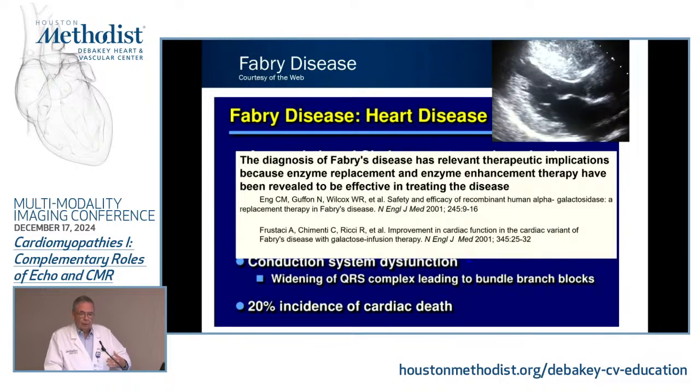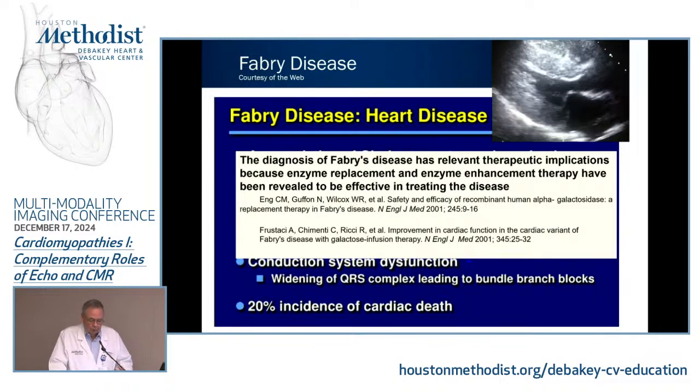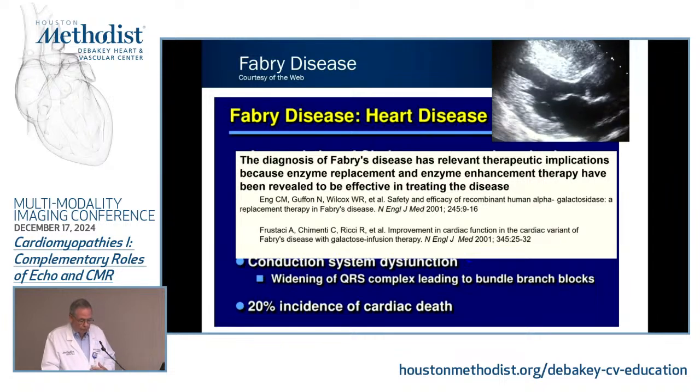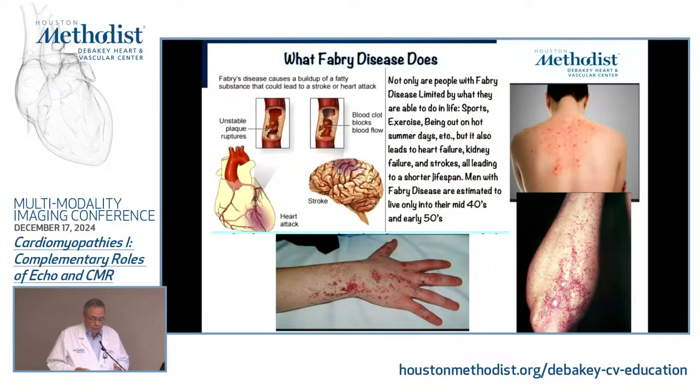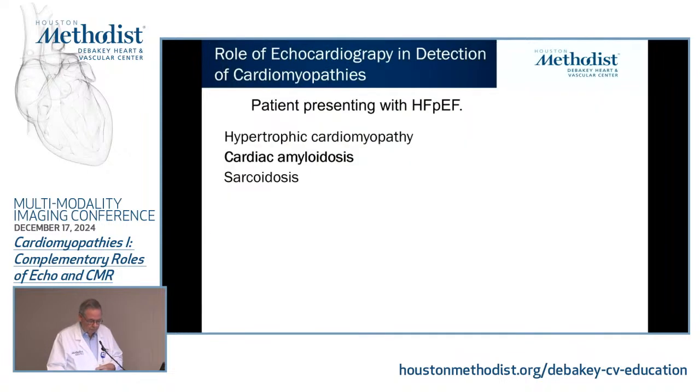They can treat the disease, ameliorate the symptoms, and obviously improve survival. The good news is that patients also frequently have this type of skin manifestation. So again, it's another example of taking an echo picture and putting it together with clinical findings to lead you towards suspecting a disease. And that's a story that you will hear repeated many, many times.